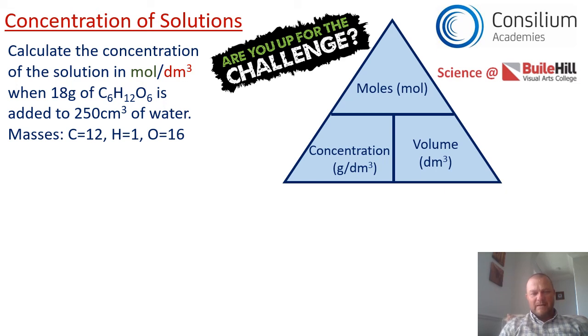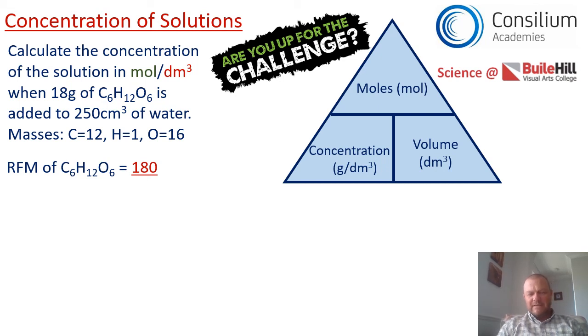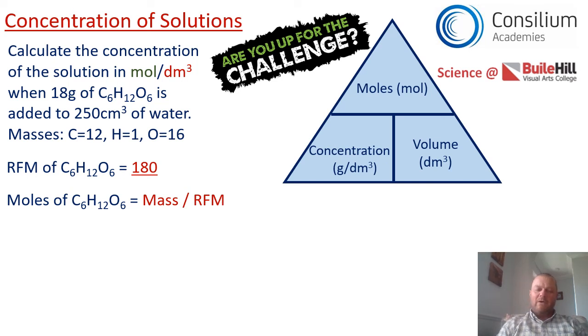Okay, so it's a multi-step question, and the first thing we're going to have to do is calculate the relative formula mass of the compound. So C6H12O6, the mass of that is 180. So the number of moles of C6H12O6 that we've got is equal to the mass in the question divided by the relative formula mass.